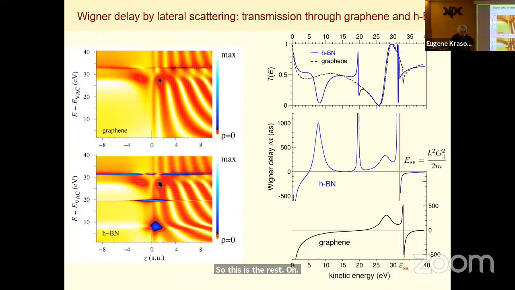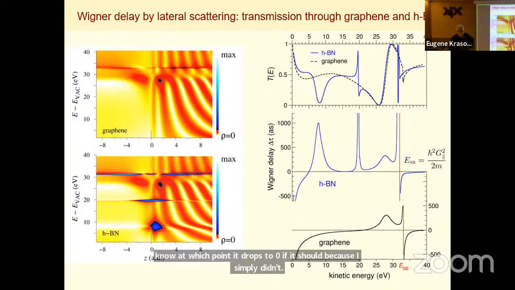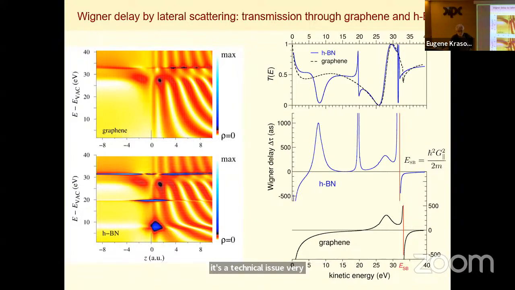Actually, I don't think that you can infer the asymptotics here because I don't know how close to zero I am. Well, your points go almost to zero, right? Almost to zero. Yes, you're right. So there it really approaches it, but frankly speaking, I don't know at which point it drops to zero if it should, because I simply didn't consider that. We can discuss it later because it's a technical issue very close to zero, say below 0.1 eV.